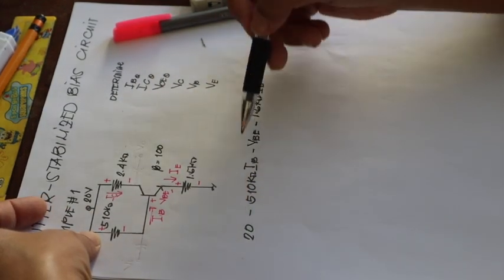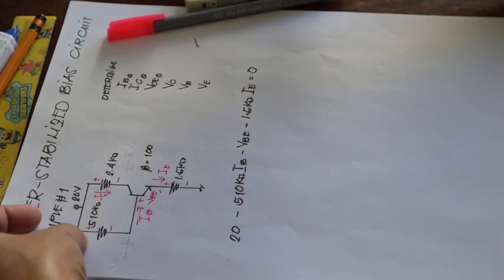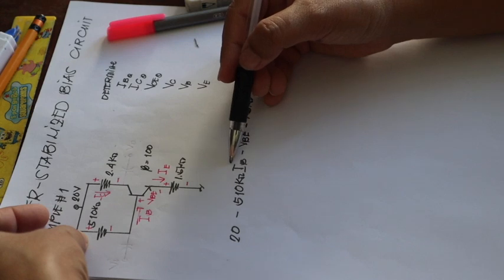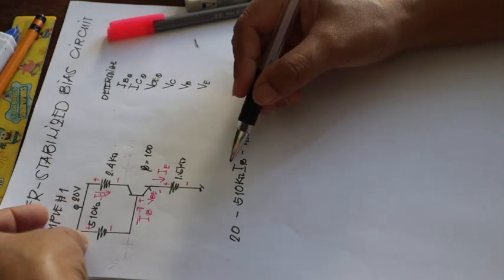Now, if we look at our KVL equation, there are actually two unknowns. We have the base current and the emitter current, but we can always express IE in terms of IB.